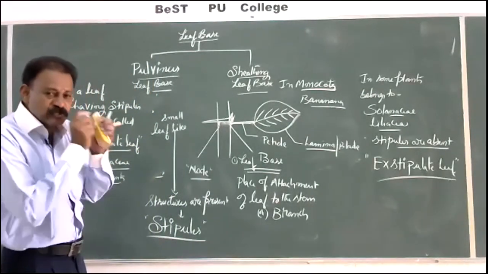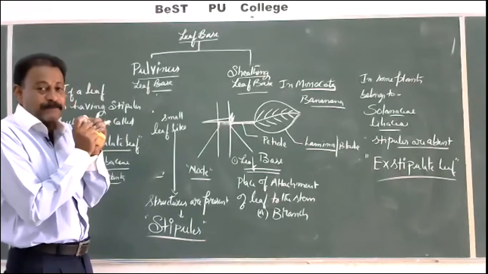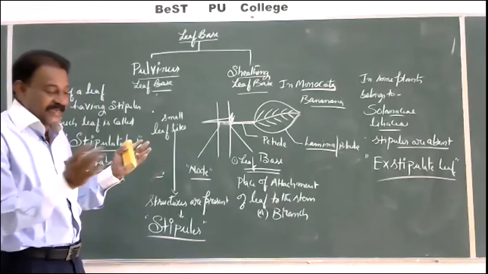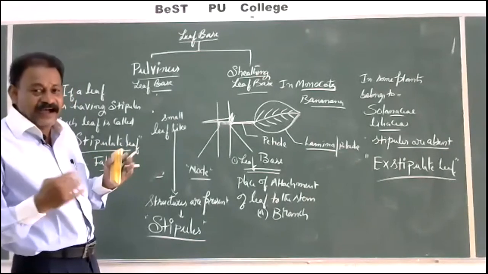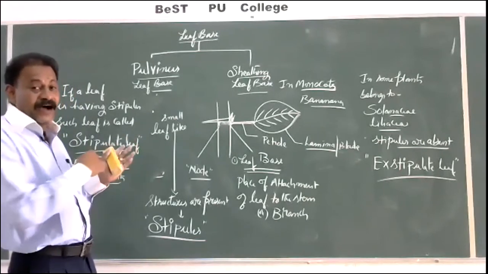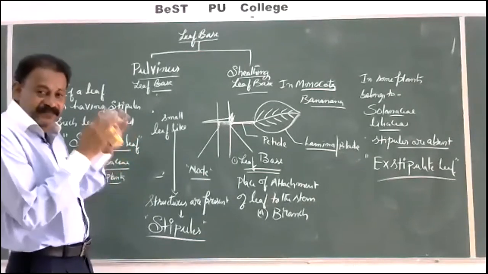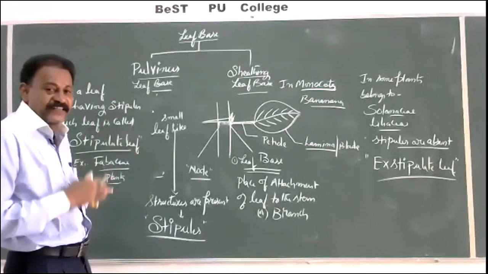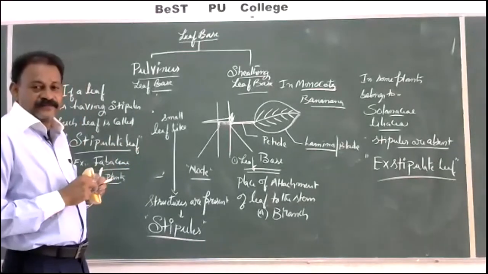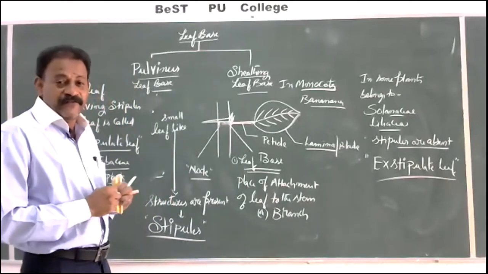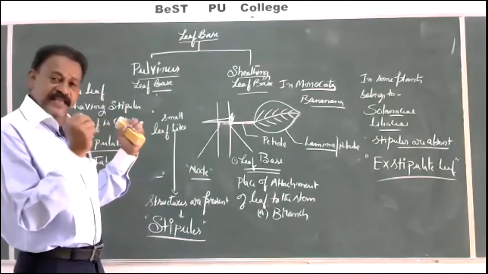What are stipules? Small leaf-like structures, lateral appendages which are present on either side of the base or on either side of the petiole or on either side of the axil. They are meant to protect the leaf when the leaf is in bud condition. Sometimes these stipules, when leaf grows, they will be there.